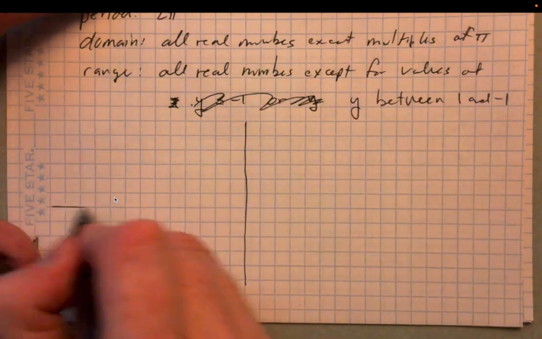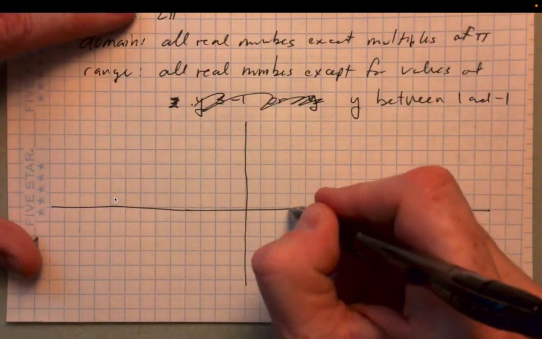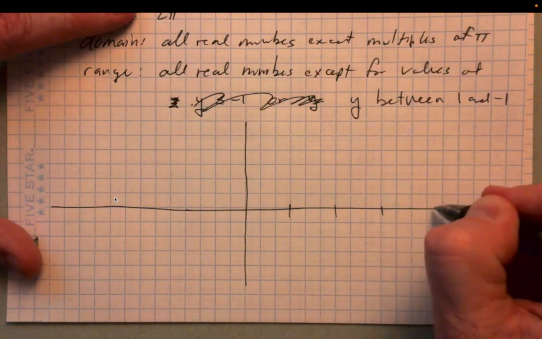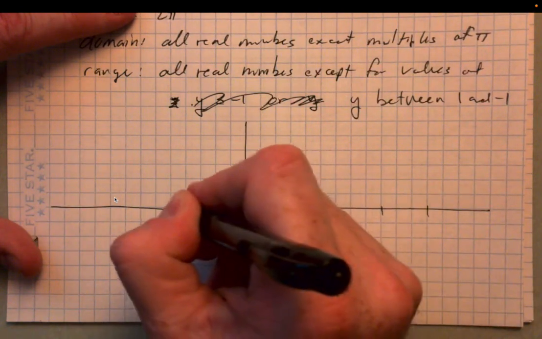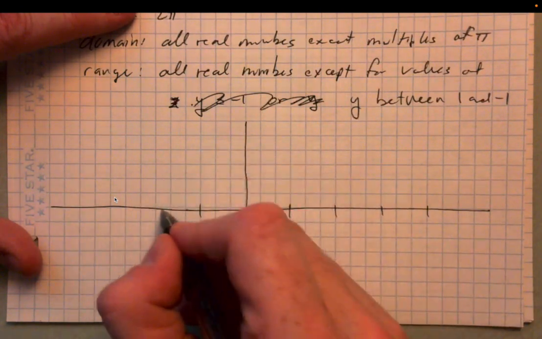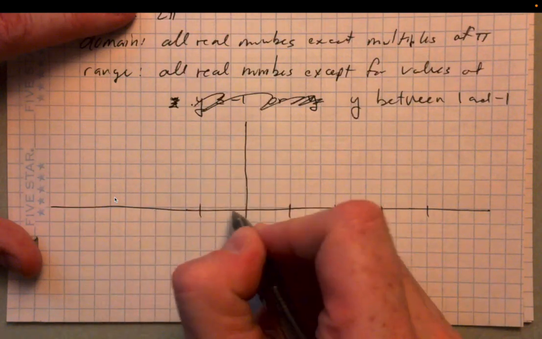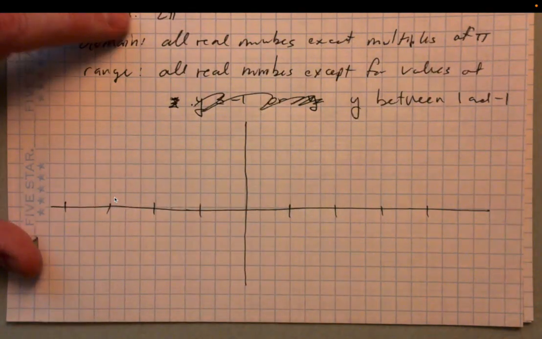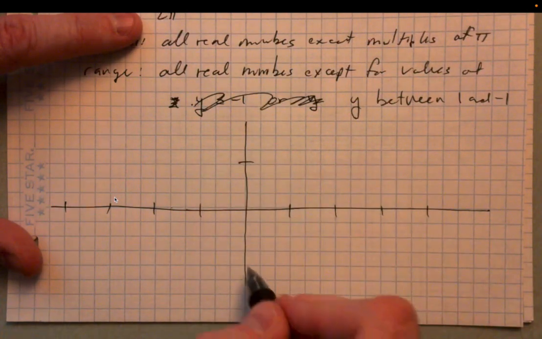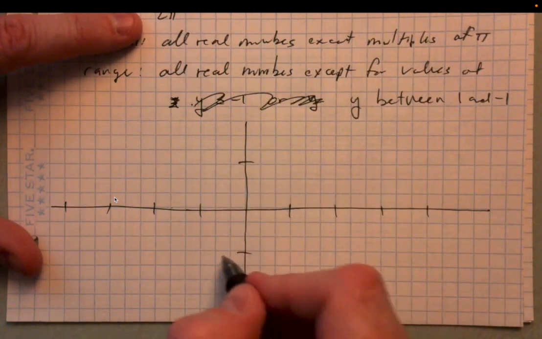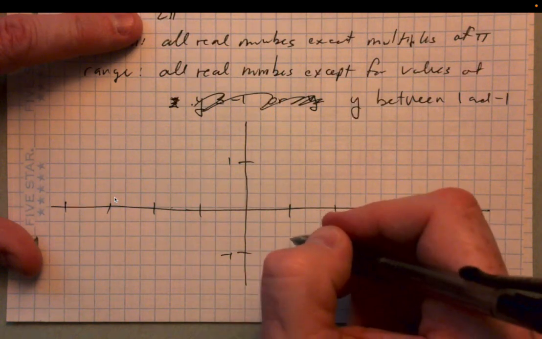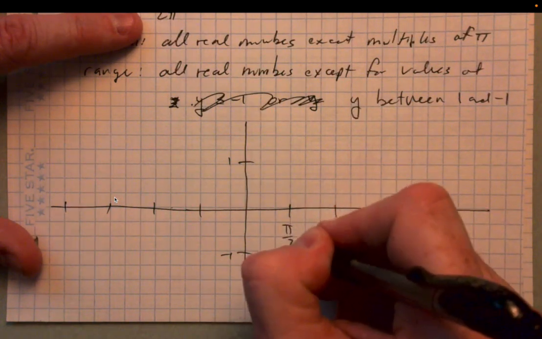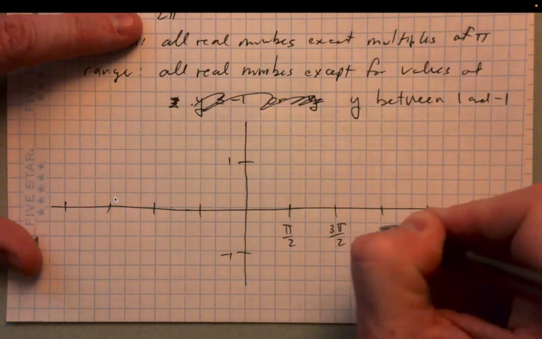Okay, so again we'll start with our blank axis here. 1, 2, let's see, 1, 2. Okay, and we'll just go 1 and -1, and we'll make this pi over 2.